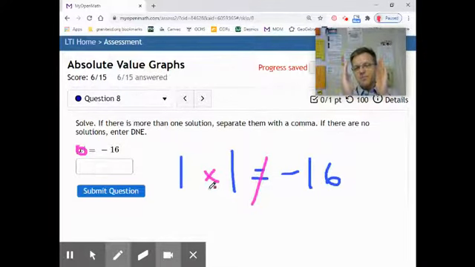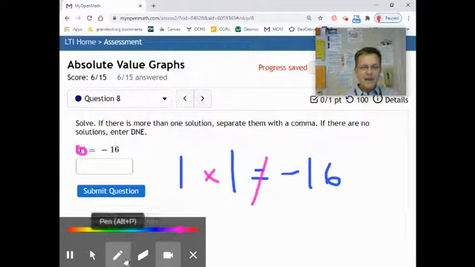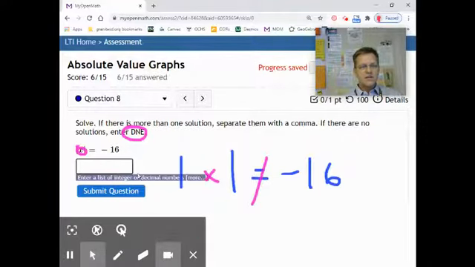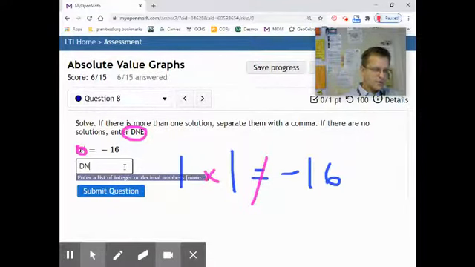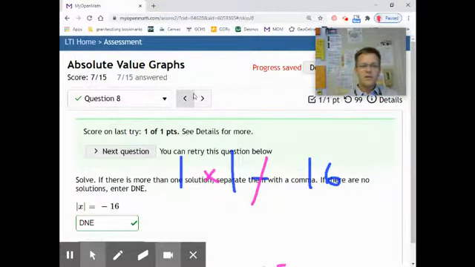And if x has to become a positive number, it'll never equal negative 16. It cannot. So what do we do? If there are no solutions, you enter DNE. And what does DNE stand for? Does not exist. There is no answer to this problem. So we put DNE. Okay, there's no number that'll work.